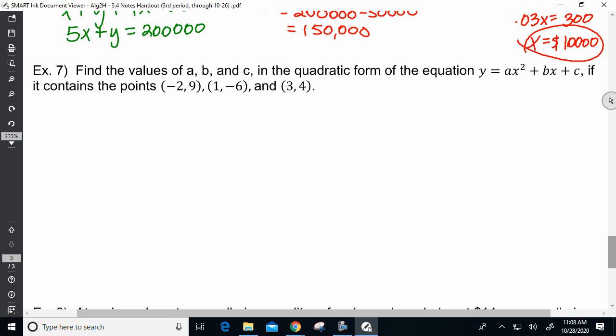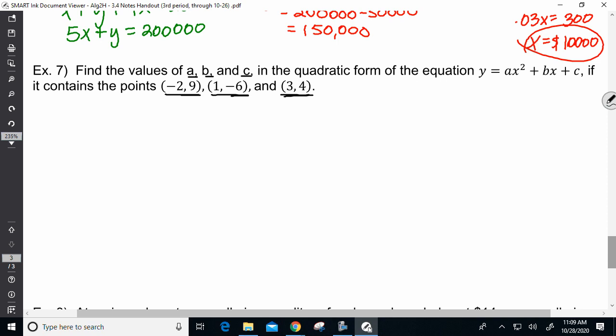So we need to find the values of a, b, and c. So you already know what your 3 variables are going to be. These 3 points are here to help you set up each of the equations. So we use those points to set up the equations.